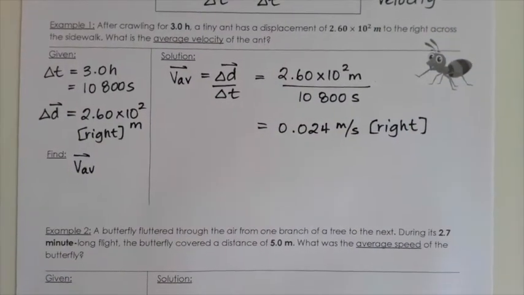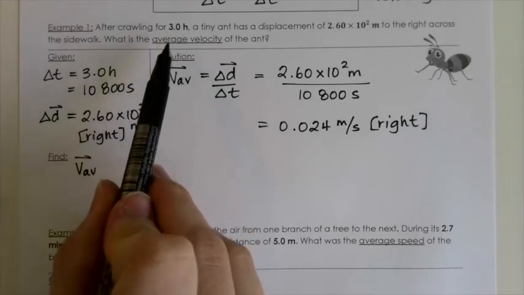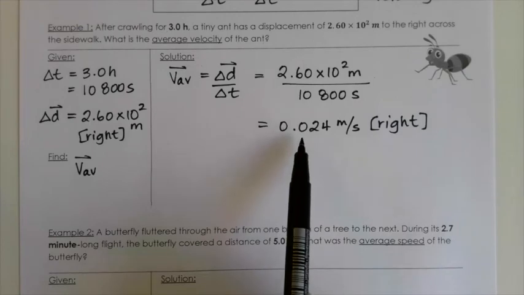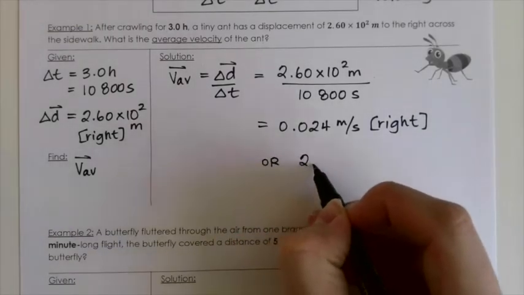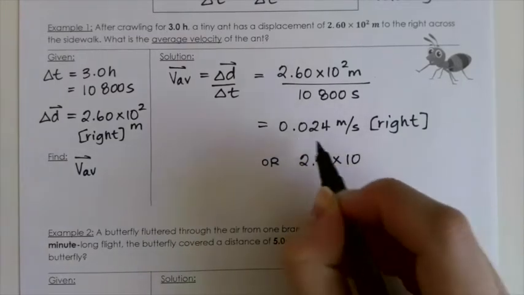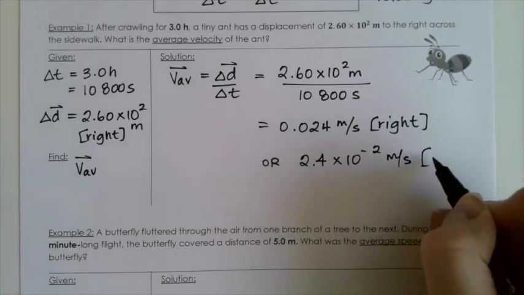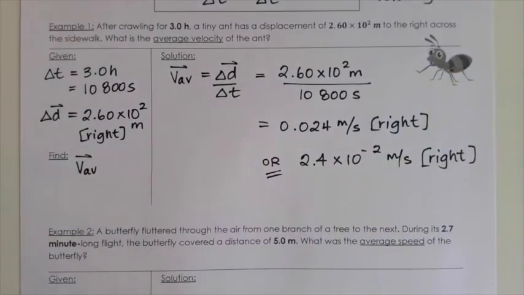Now our answer is supposed to be two significant figures because of the time given as 3.0 hours. This is two significant figures because this 0 is not significant. So you can leave it like this, or you can express your answer as 2.4 times 10 to the negative 2 meters per second right. That's your choice, either or.